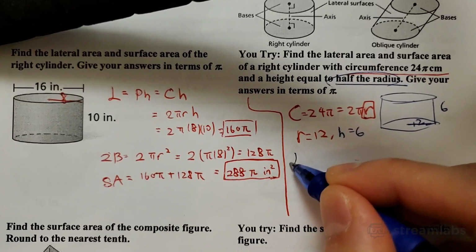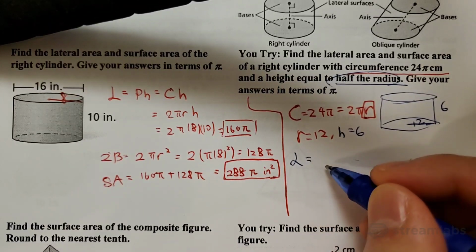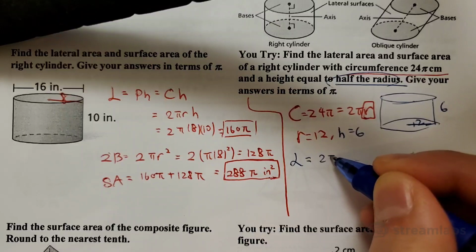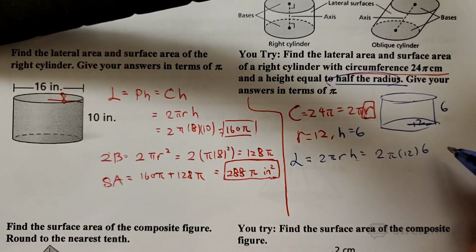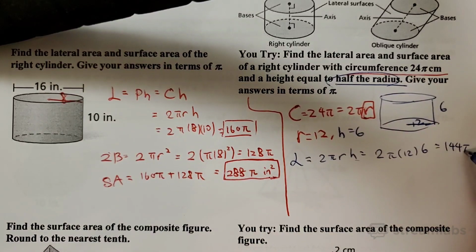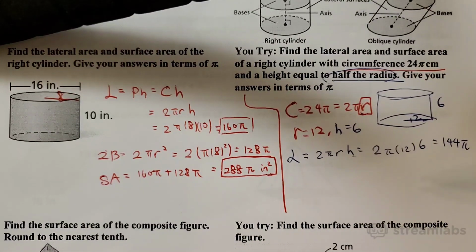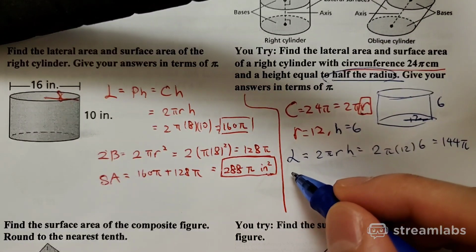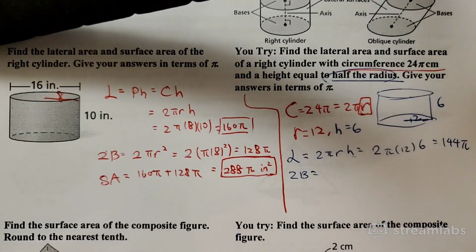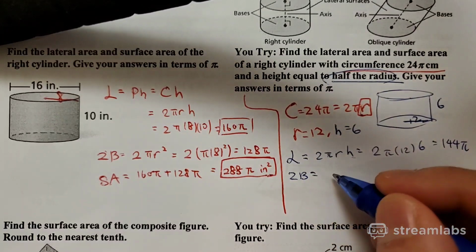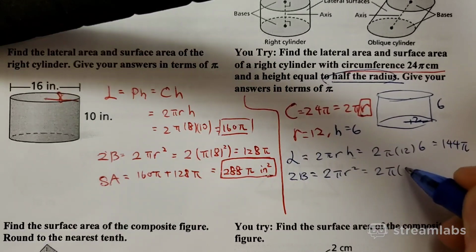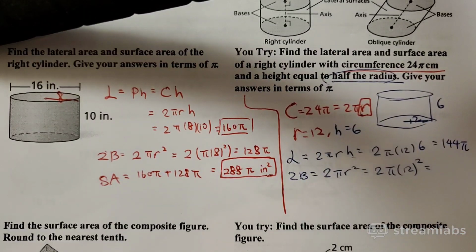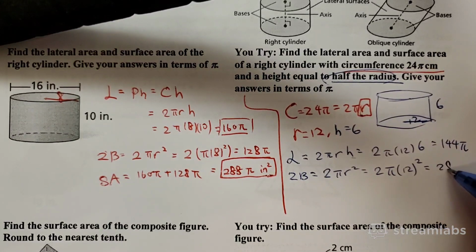Okay, so lateral area is equal to 2 pi r h, which is 144 pi. All right. Now you're fine. I think the only thing you messed up on is calling it the length, but the calculation seems to be right. 2 pi r squared, which ends up being 288.